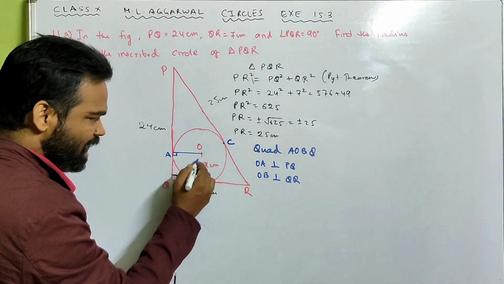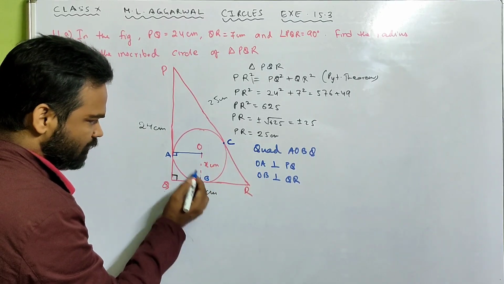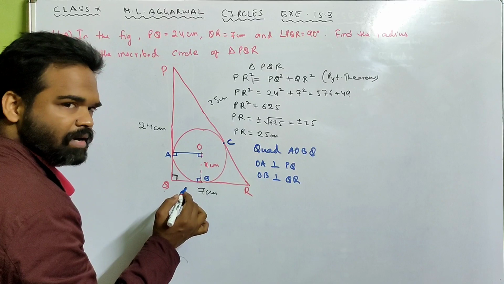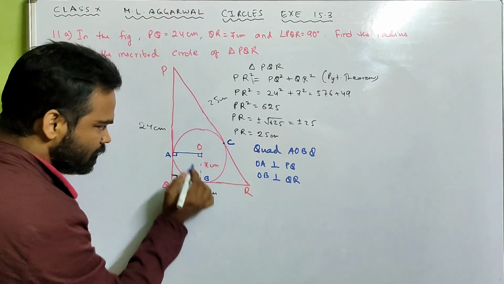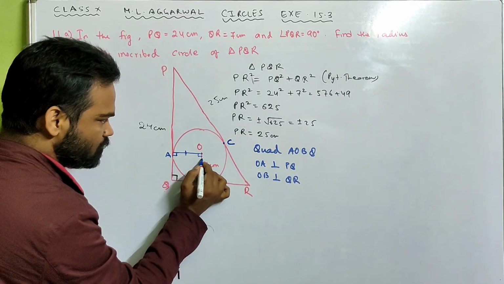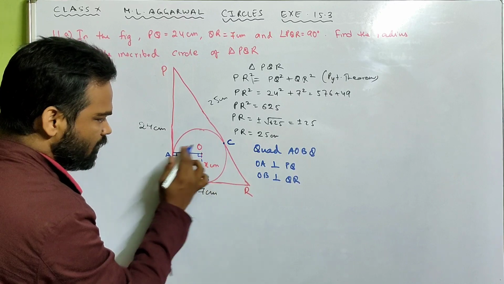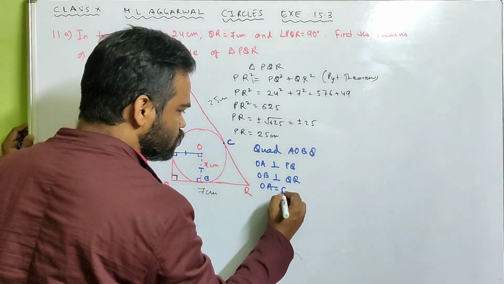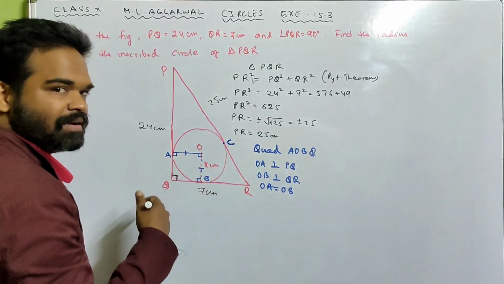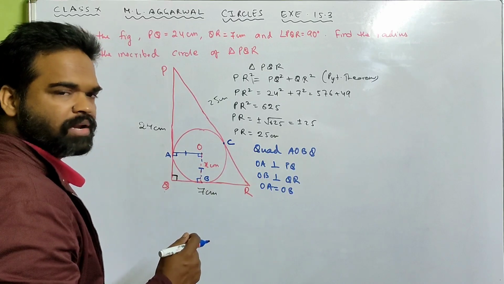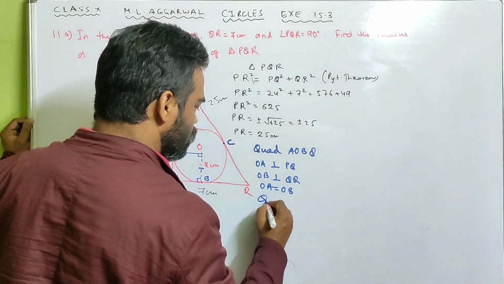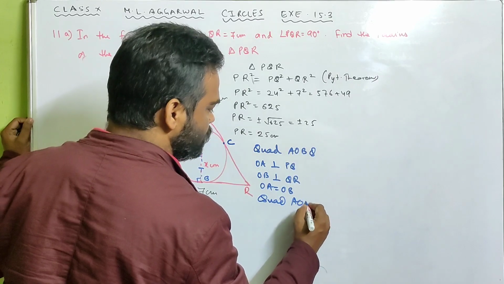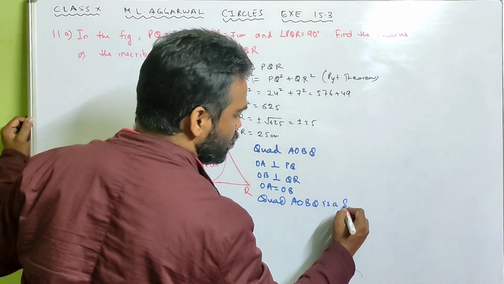Because all the angles are 90 degrees. If three angles are 90 degrees, the fourth angle has to be 90 degrees. And adjacent sides are equal. See? OA equals OB, and all angles are 90 degrees, which means it's a square. Quadrilateral AOBQ is a square.